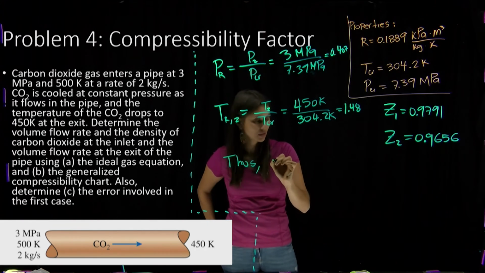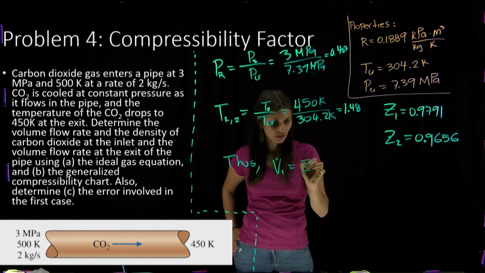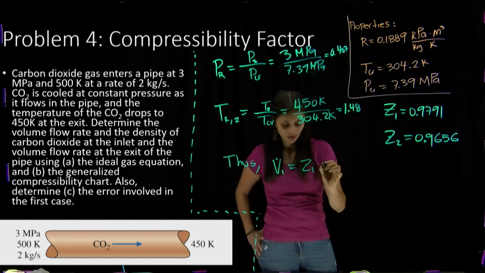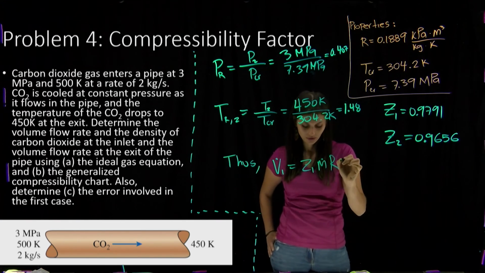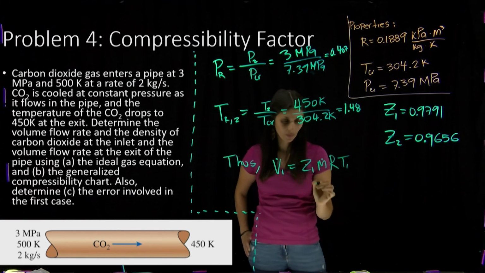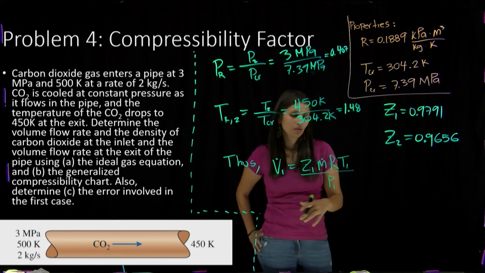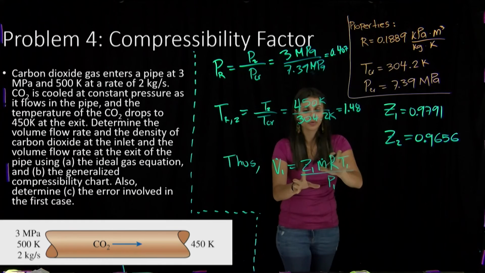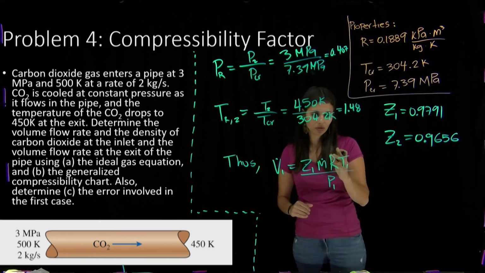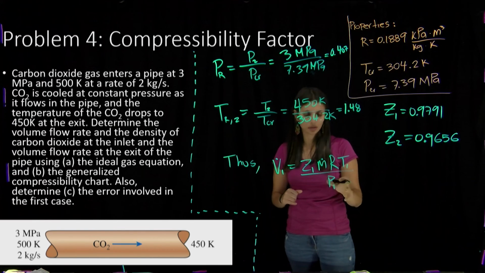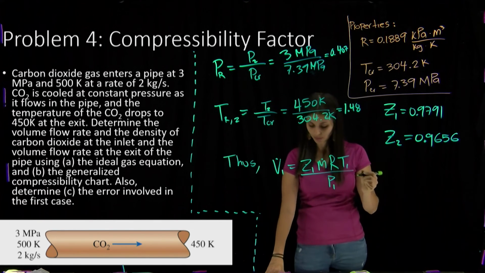So it will be the compressibility at the inlet, the mass flow rate, T1, so if you input these values, you have the compressibility factor. Well, you have the constant from here, and the pressure at the inlet, which is 3,000 kilopascals.